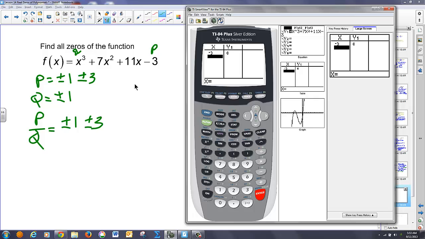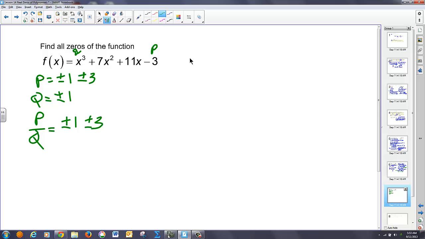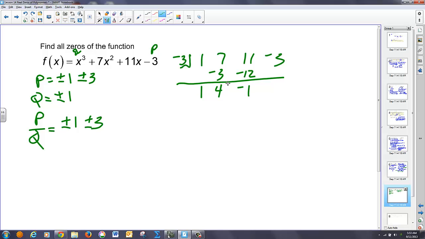Now I'm going to prove this with synthetic division. So I'll go over here and I'll say if I plug negative 3 into my function, I'm going to get out a remainder of 0. So let's make sure I do the math right. Here's negative 3, 4, negative 12, negative 1, positive 3, and 0.